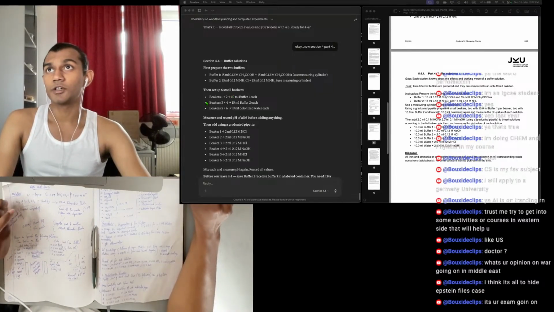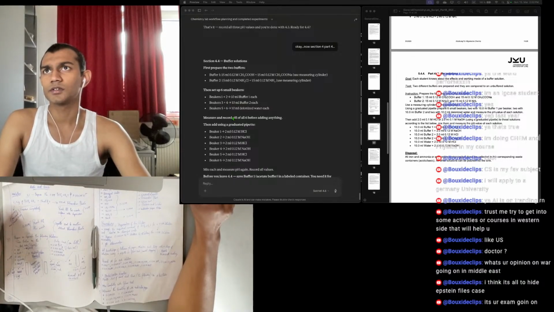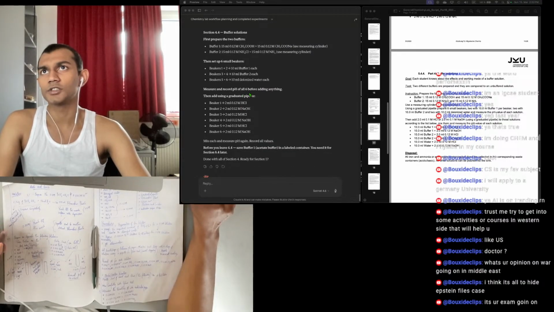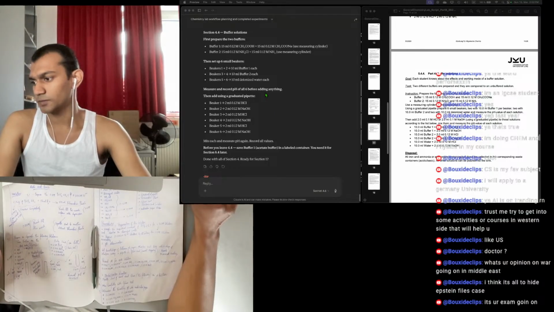Then set up six beakers. Six beakers? Do I have six beakers? Okay, one, two, 10 milliliters of buffer one, buffer two, 10 milliliters of deionized water. Okay, measure and record pH of 6 before adding anything. Okay. Six beakers. Which beaker do I have six of them?